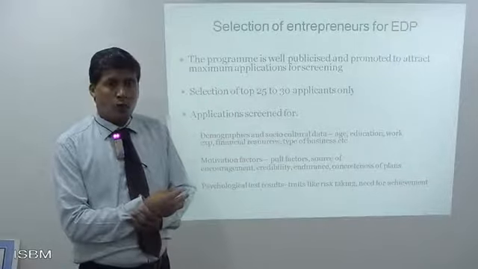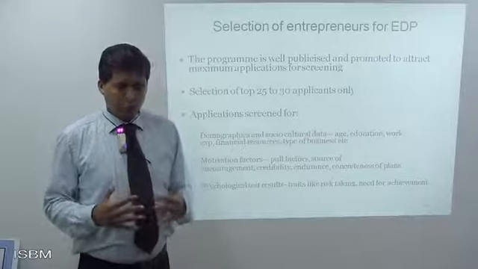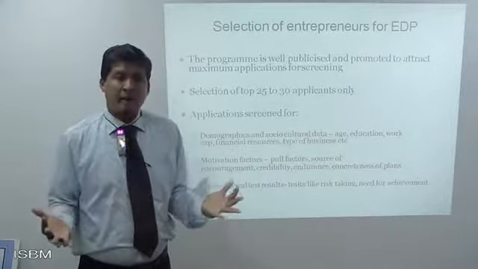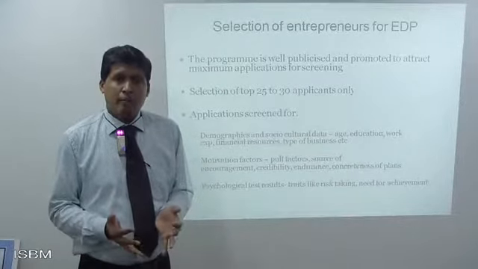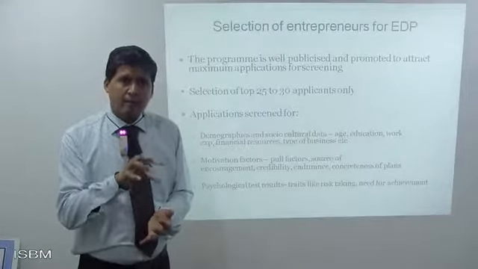Selection of the top 20-30 applicants only. So when we are looking at grooming, training, learning, we know that it can't happen at a mass scale. So here focus is important. So screening becomes important. Identifying a couple of them is important.